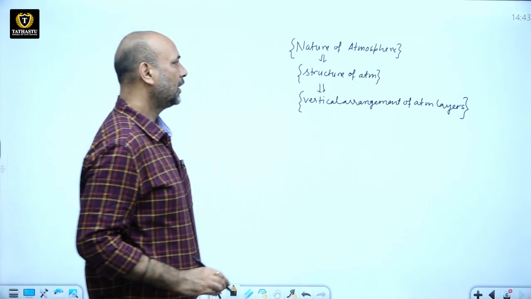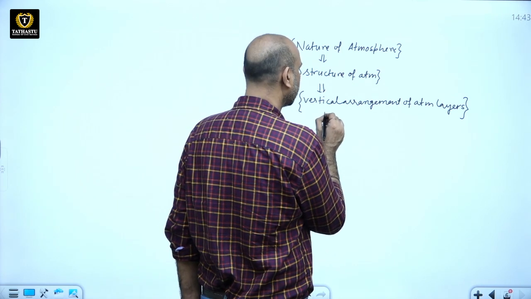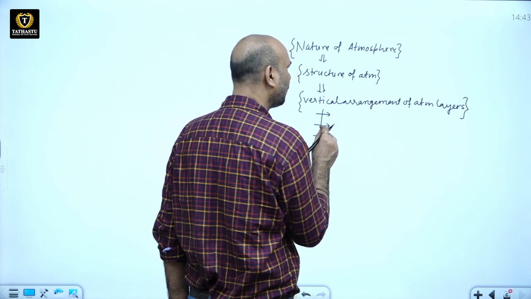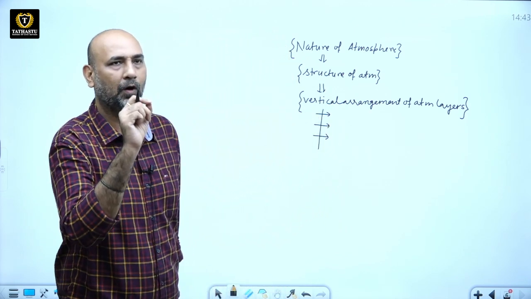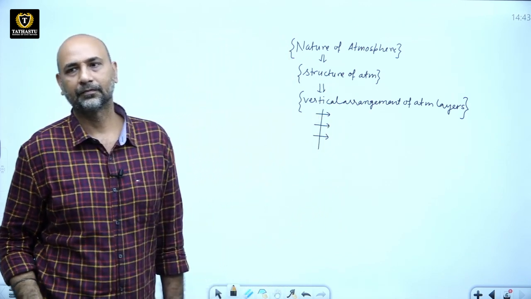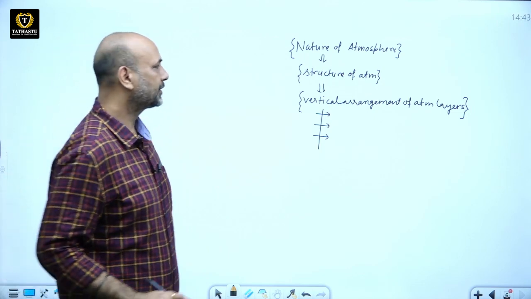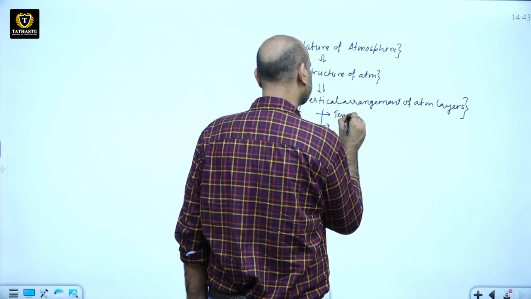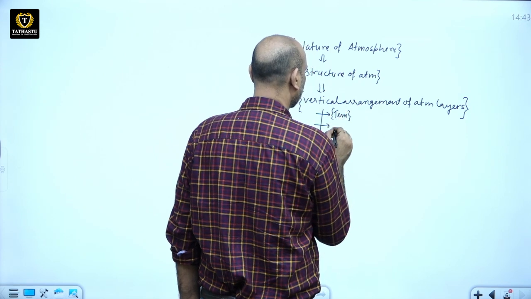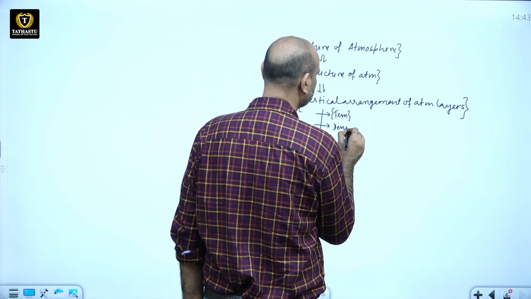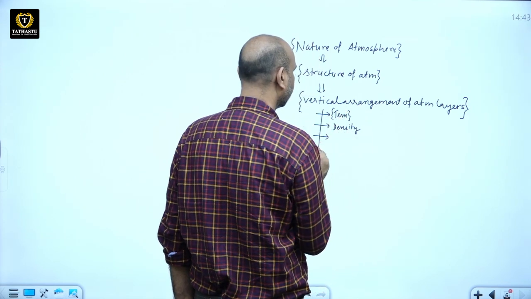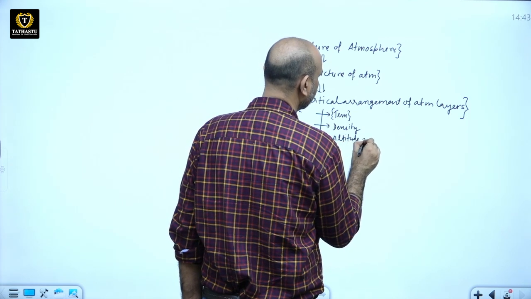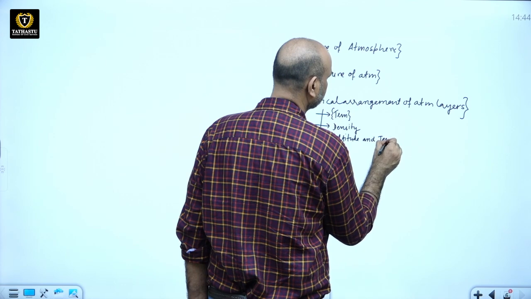Now, if we are looking for vertical arrangement of atmospheric layers, there must be parameters to identify layers and their vertical arrangement. These parameters are temperature, density, and the interlinkages between altitude and temperature.